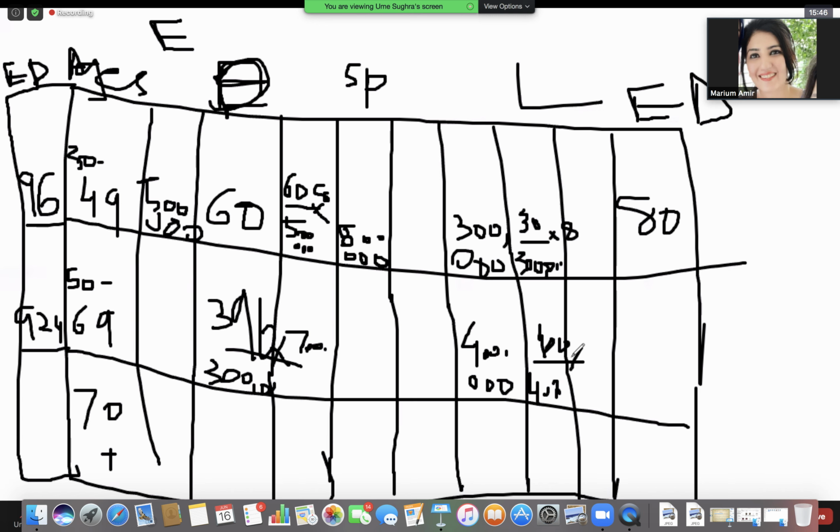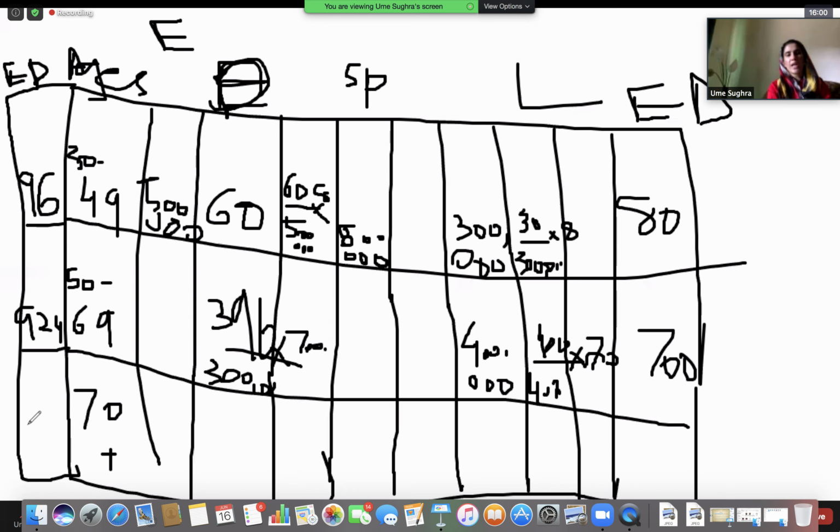How much expected number of deaths? 700. Good. 700 expected deaths. Similarly, for the last one, we had 406 observed deaths, and its population was 100,000.